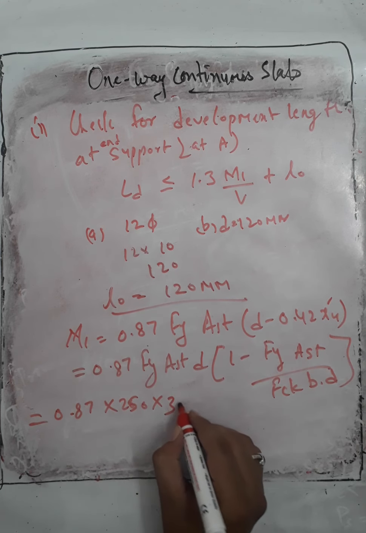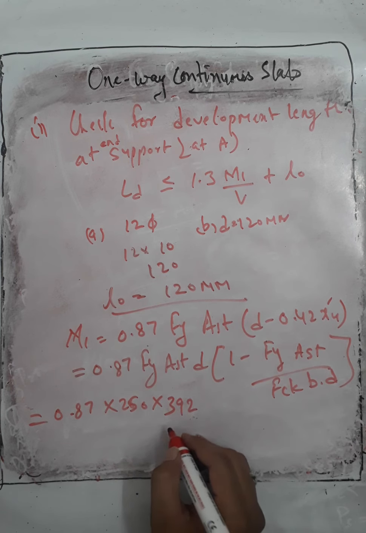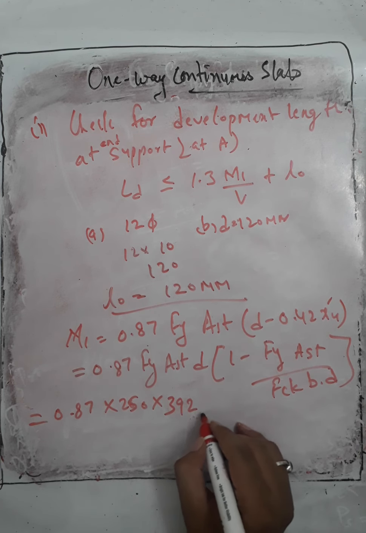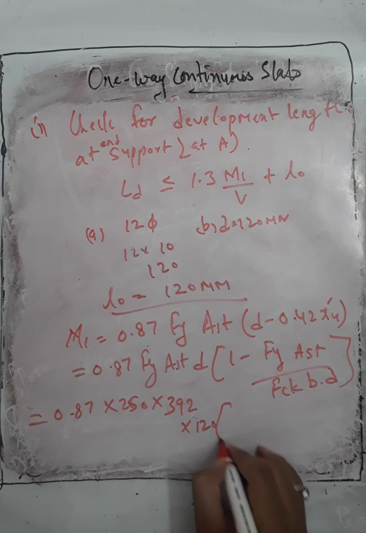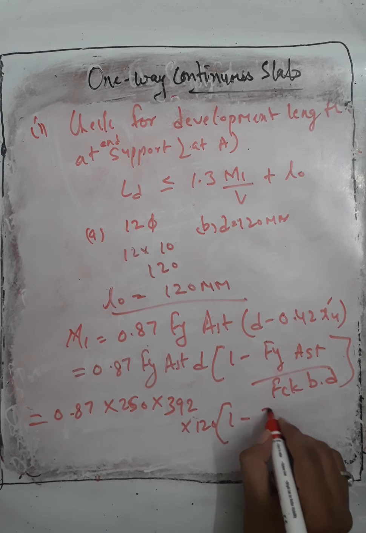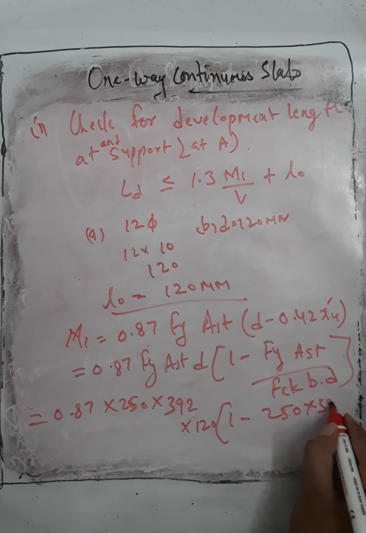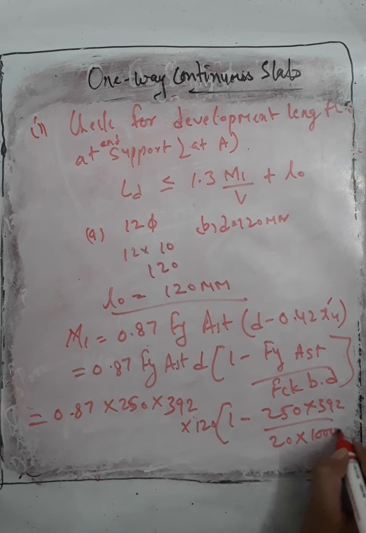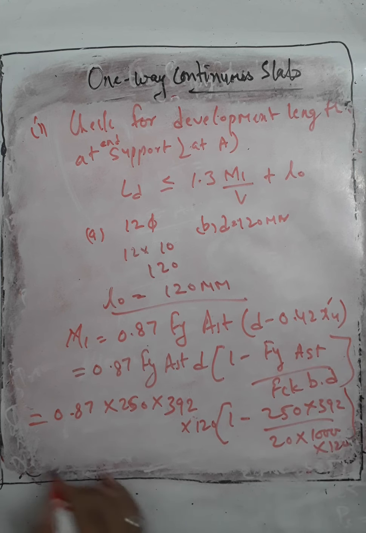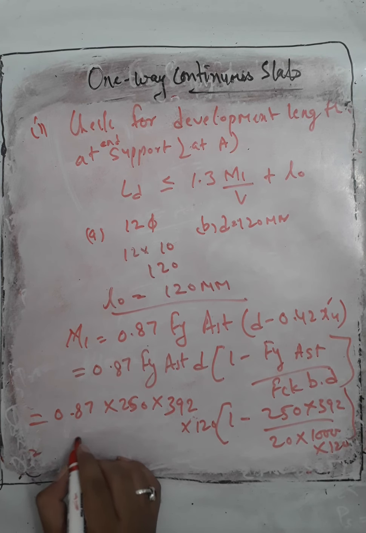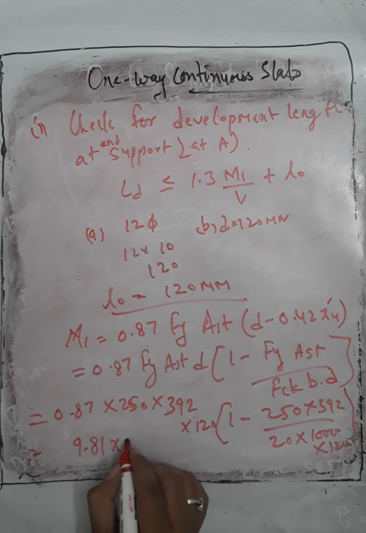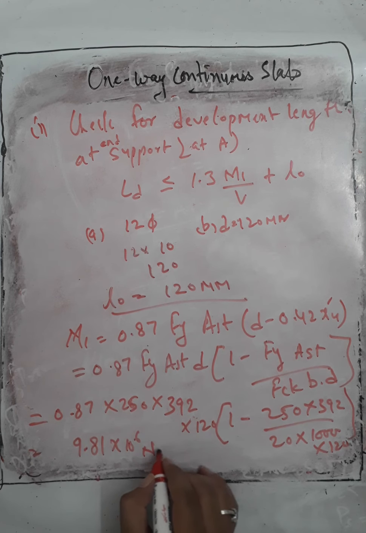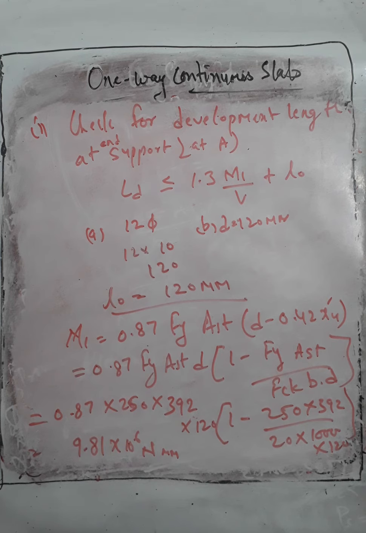So we take 392, half of 785, so 392 into 120, 1 minus 250 into 392 divided by 20 into 1000 into 120. After solving this you get 9.81 into 10 raised to the power 6 Newton mm. This is the value of M1.